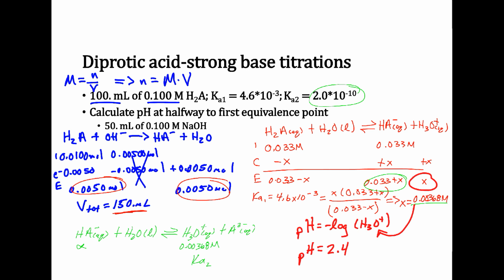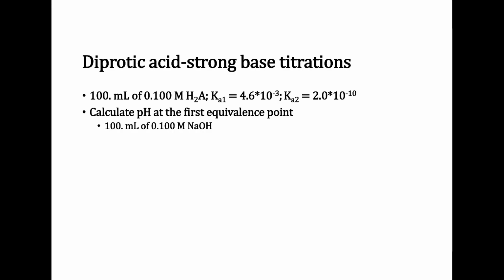All right, so let's keep going. So now we're going to get to the first equivalence point. And so again, these titrations, especially with polyprotic acids, have a lot of steps, but the logic behind it is the exact same as just a monoprotic acid. So here we can go ahead and write out our first ice chart.